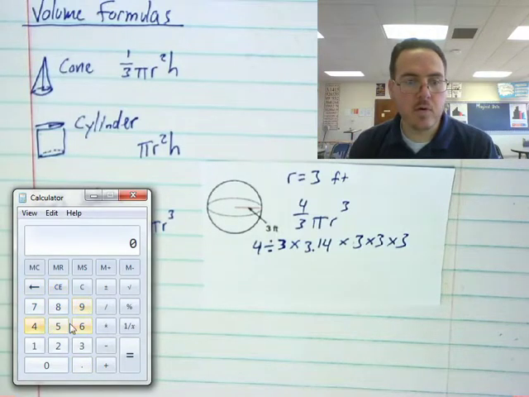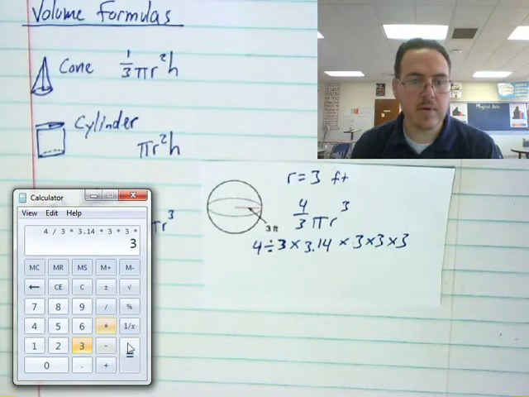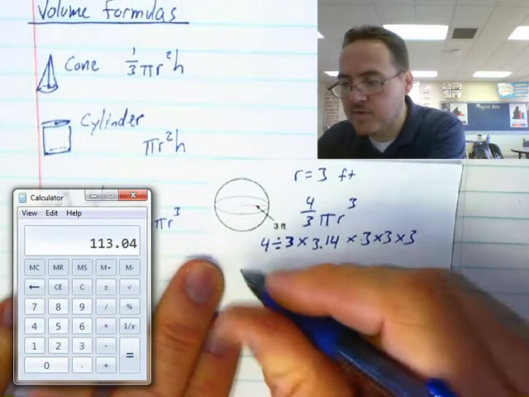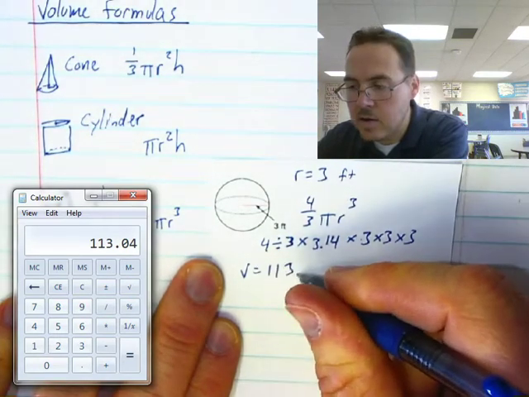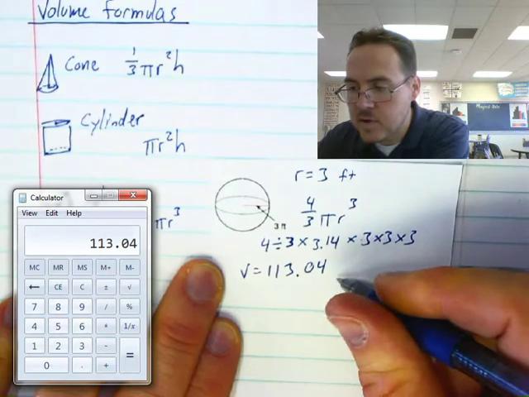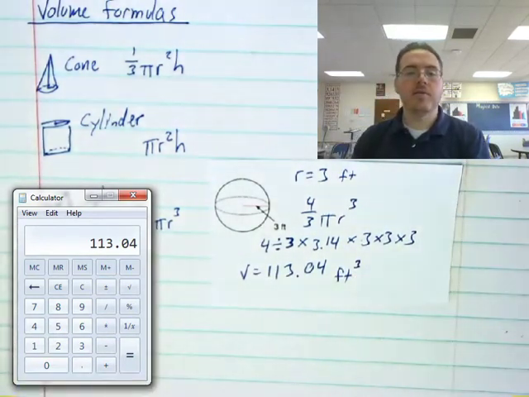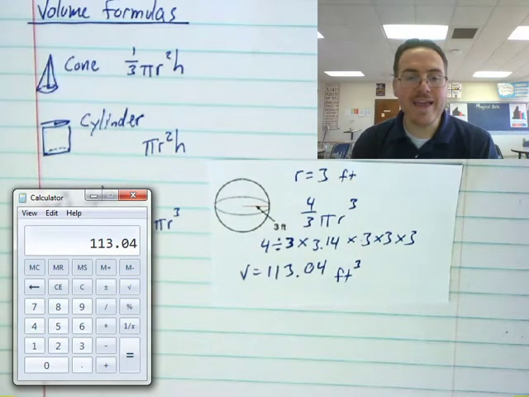So let's see, what's 4 divided by 3 times 3.14 times 3 times 3 times 3. So apparently the volume of our sphere is 113 and 400ths feet to the third power. And that's how you find the volume of a sphere when they give you the radius.